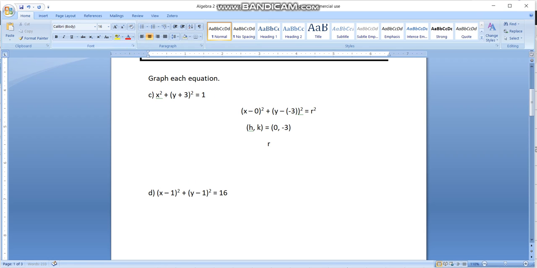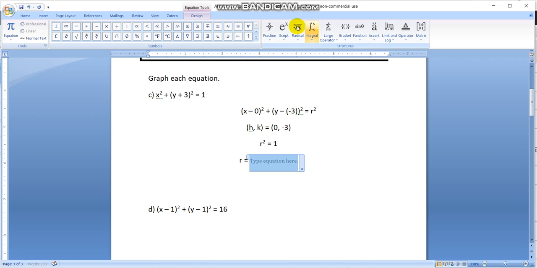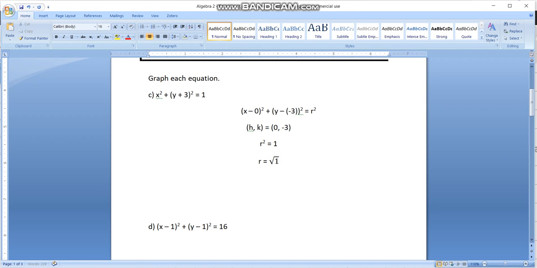Our radius, r squared, is going to equal 1. So we take the square root of both sides. The square root of 1 is 1. So these are the two parameters we're looking at: the center, 0, comma -3, and a radius of 1.